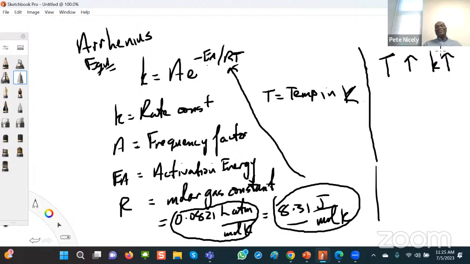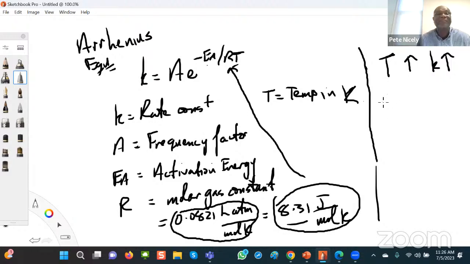As the temperature increases, more molecules will have at least the activation energy value, which means that more products will be formed at a faster rate, all right? So as temperature increases, the rate constant increases. If the rate constant increases, then the rate increases, all right? So that's one thing I want to point out.